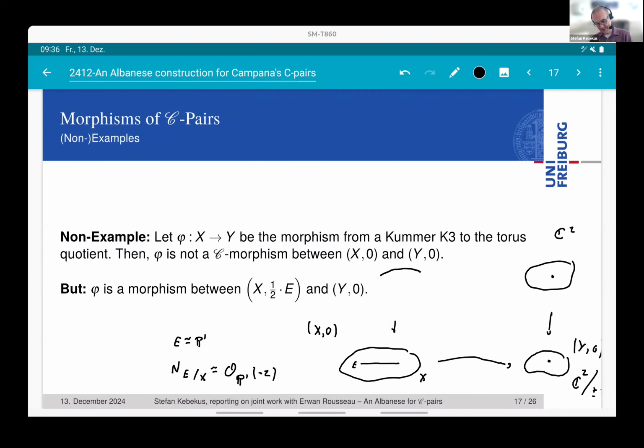The fiber product is simply the blow up of this smooth point. So this is y hat, this is x hat, and this is the blow up of y hat in a smooth point.